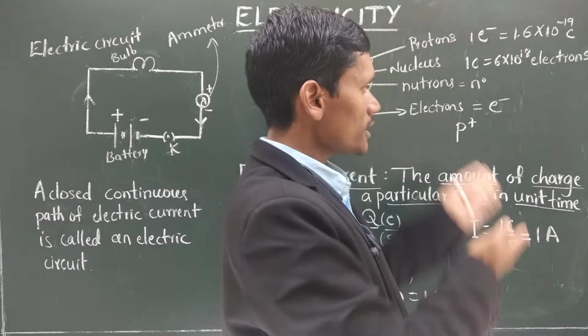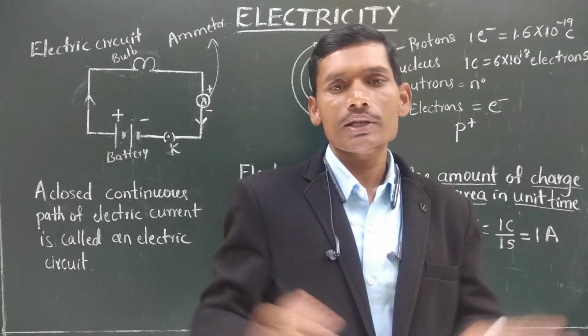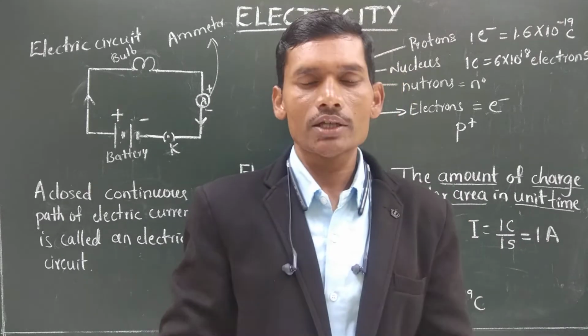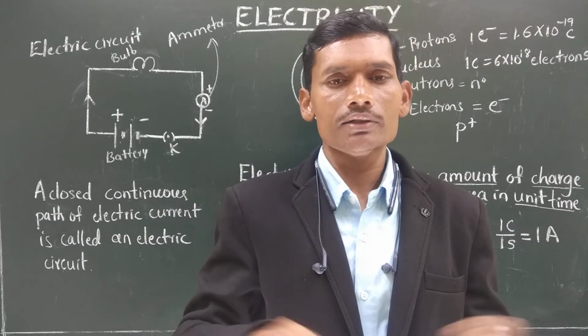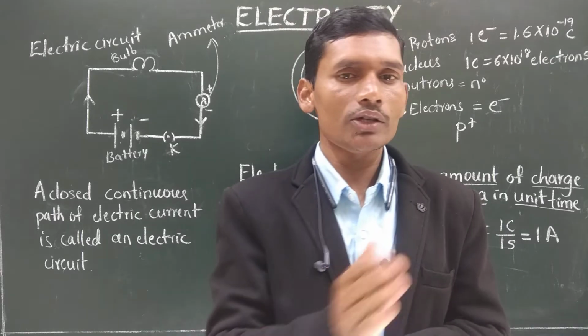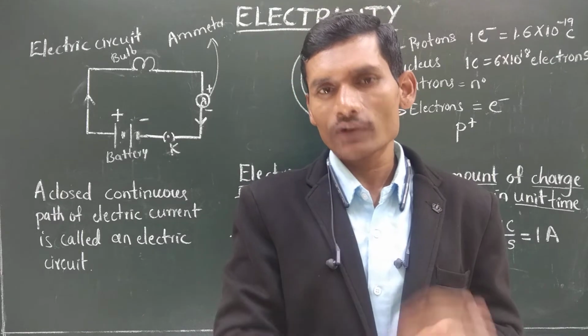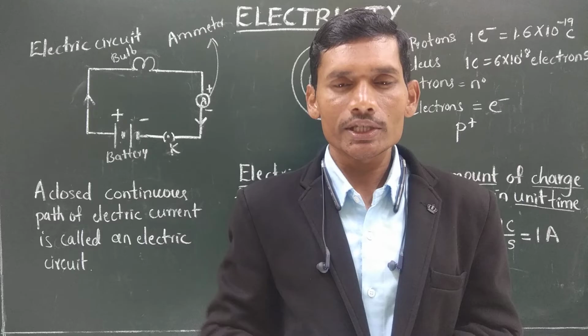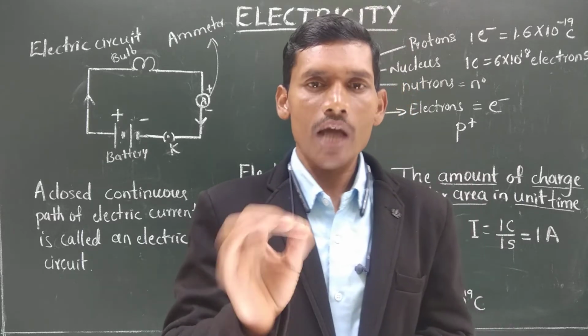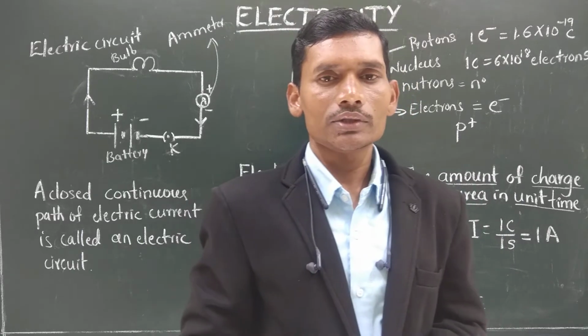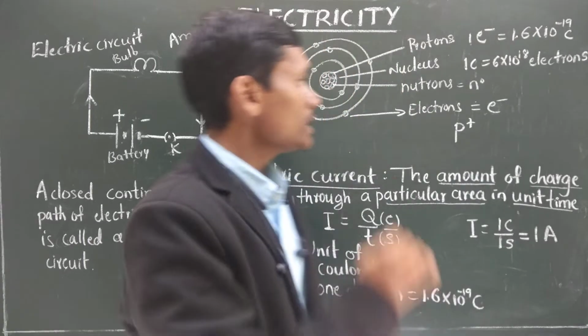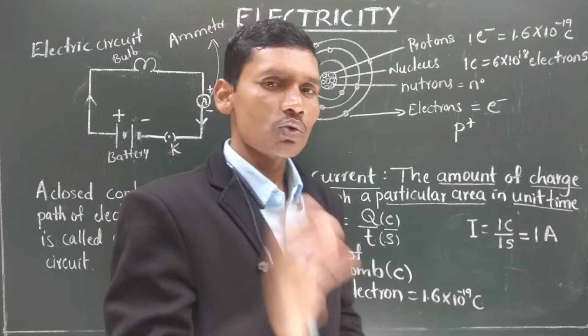If I say just a number, for example, an electron has a charge of 1, 2, 3, there is no meaning for that. We need to use some unit for that. The SI unit used to measure charge is the coulomb.